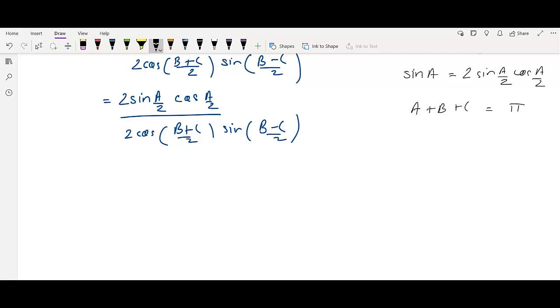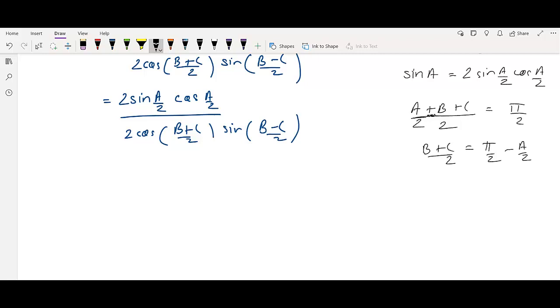So if I divide this by 2 on both sides, I get a plus b plus c by 2 equals pi by 2, and I can split this line here, which gives me a by 2 and b plus c by 2. Okay, that's how fractions work. So I get b plus c by 2 equals pi by 2 minus a by 2.